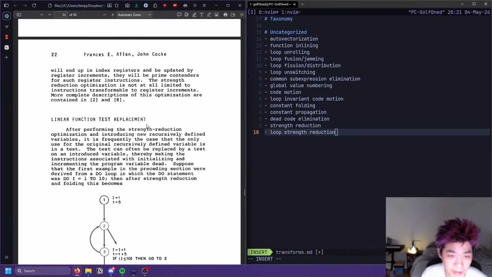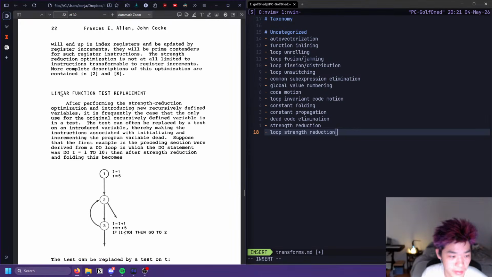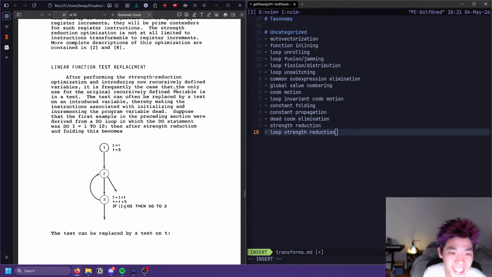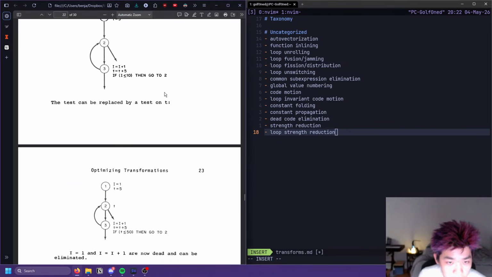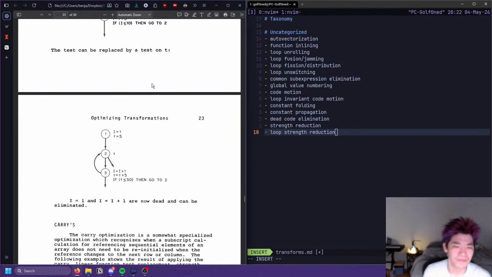So we figured out what strength reduction is. Great. Okay, linear function test replacement. What is this? Okay, yeah. So like this, that makes sense. A test on T. I see.